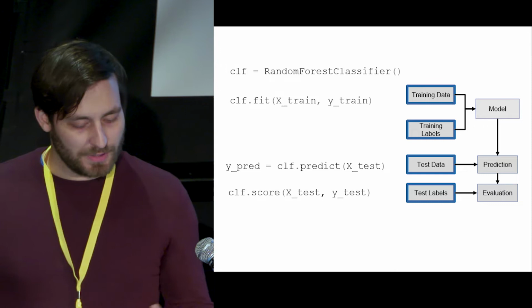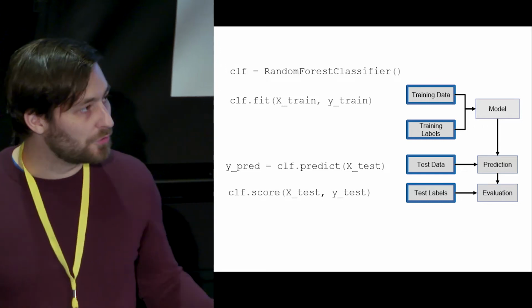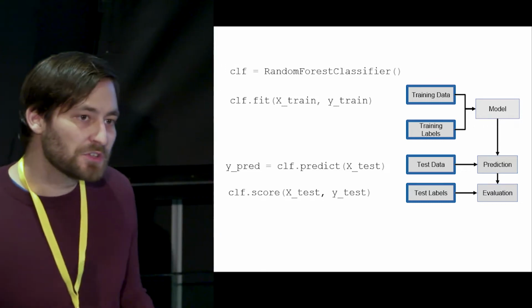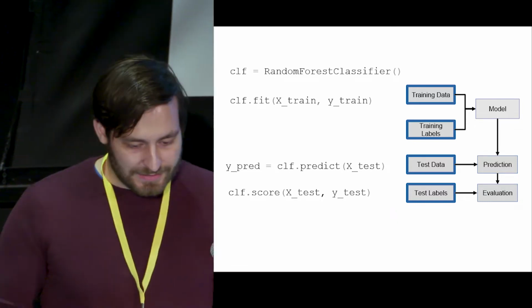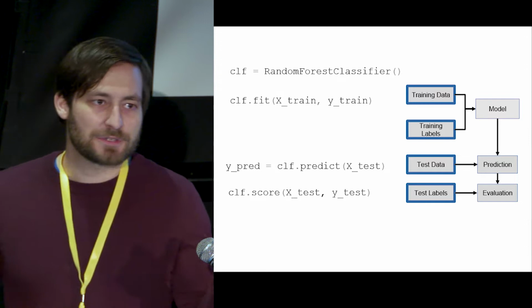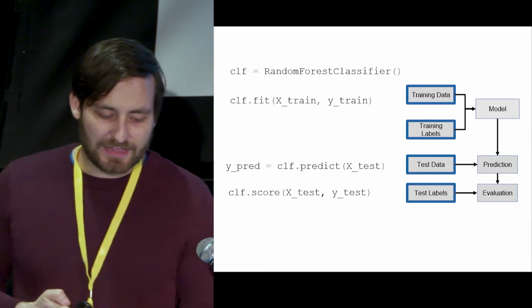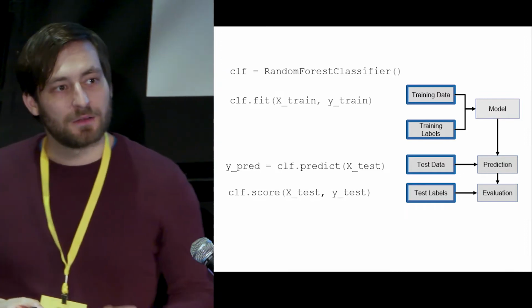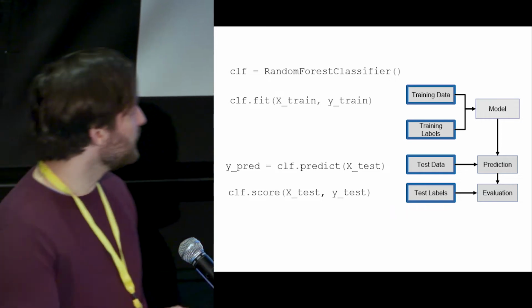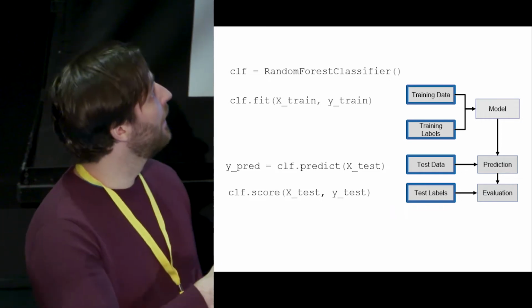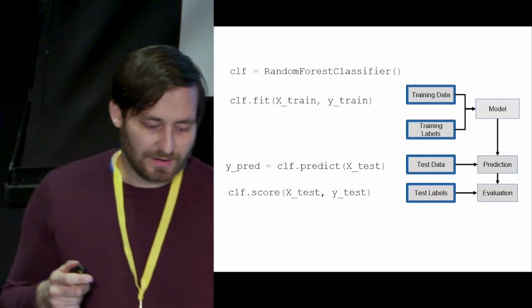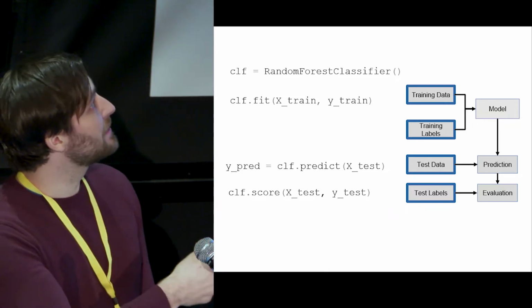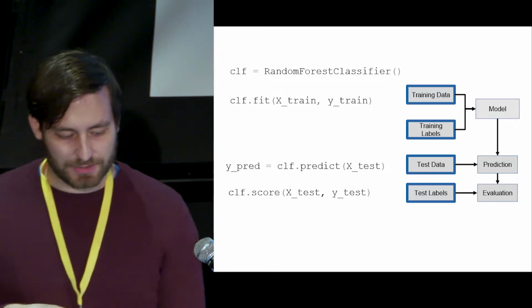So the standard workflow in Scikit-learn for supervised learning is as follows. All the models in Scikit-learn are implemented in Python classes, and these classes encapsulate both the training procedure and the prediction. Here, let's say I want to build a random forest model. I instantiate this clf object, and this is when I would set any hyperparameters, like how many trees I want in the forest.